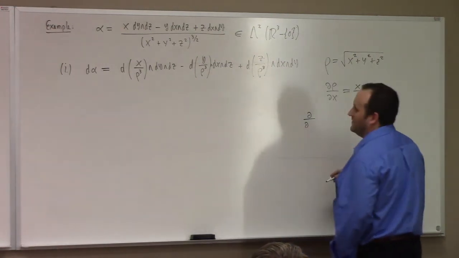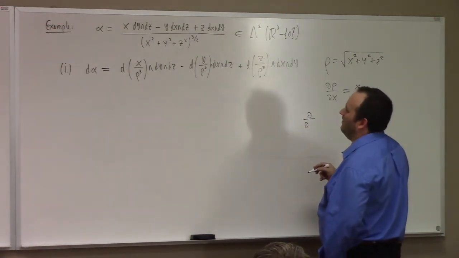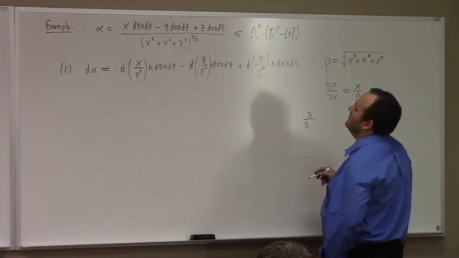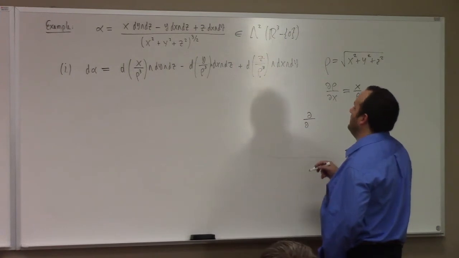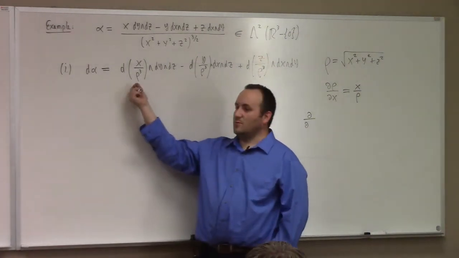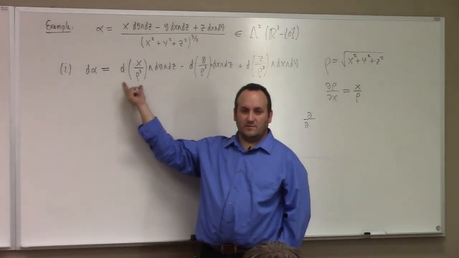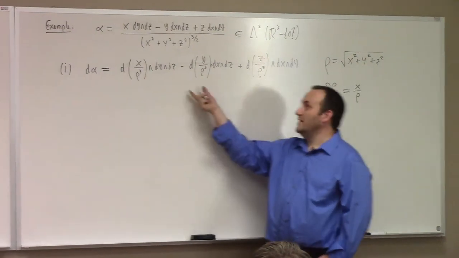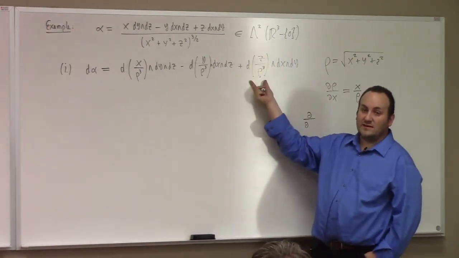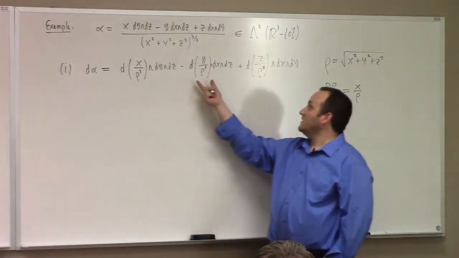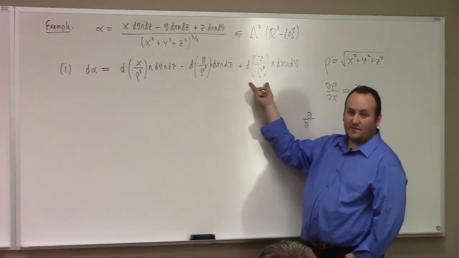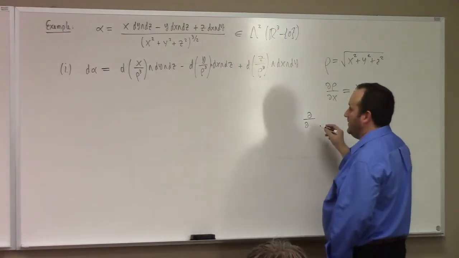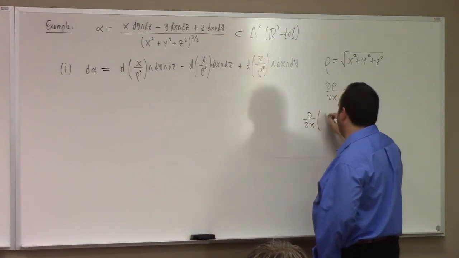In principle, this has a dy and a dz term as well, and a dx term, but we only need to calculate the x piece, the y piece, the z piece, because everything else wedges to 0. So that's simplifying.